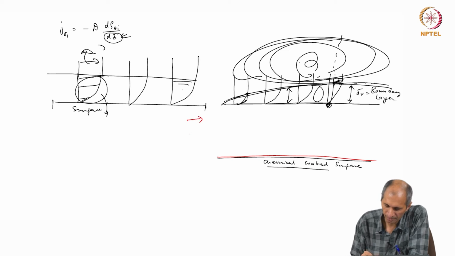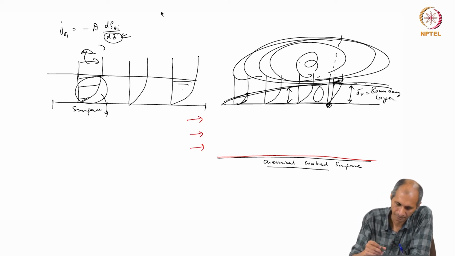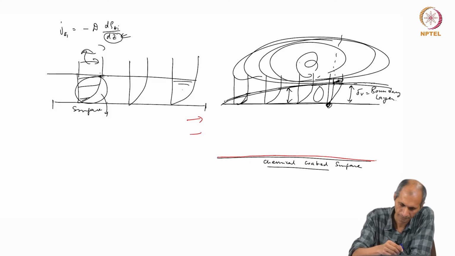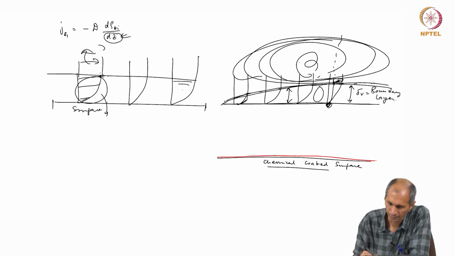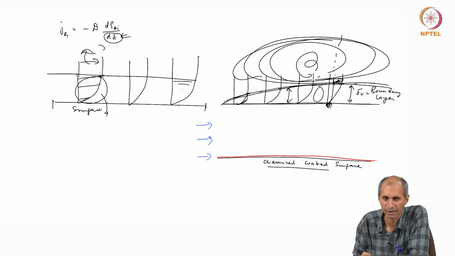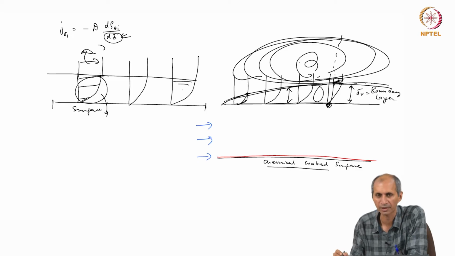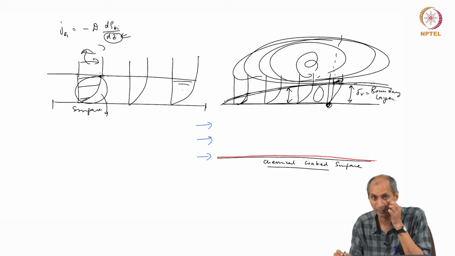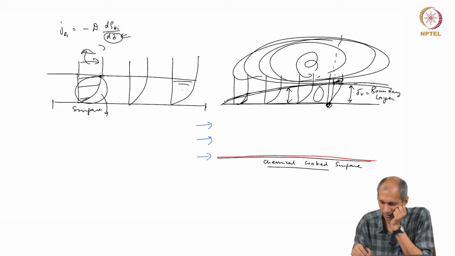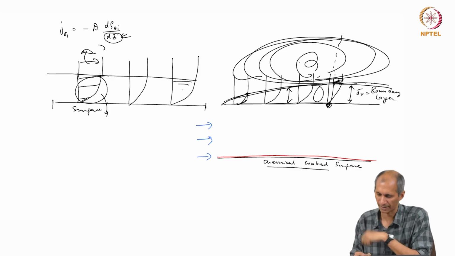And there is a fluid that is coming in this direction. The fluid will start forming a velocity boundary layer at the surface. Along with this fluid boundary layer, there is also another boundary layer that starts forming.